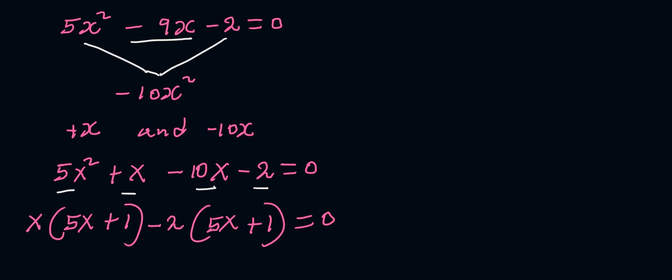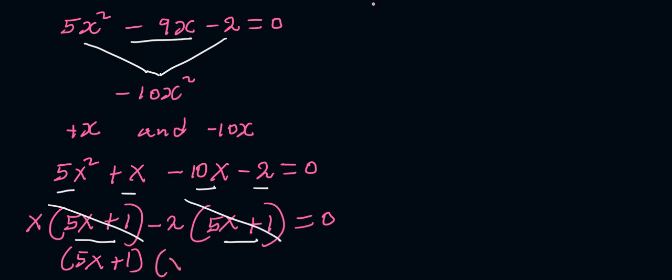So you can see we have 5x plus 1, 5x plus 1, which is common to both of them. So we can write it out as 5x plus 1, and what we have left is just x negative 2.